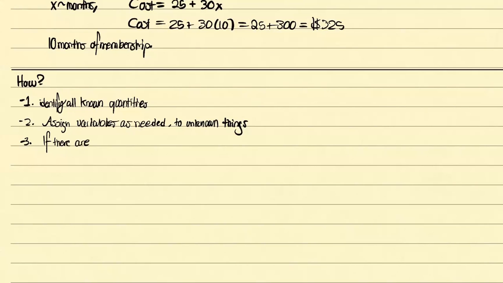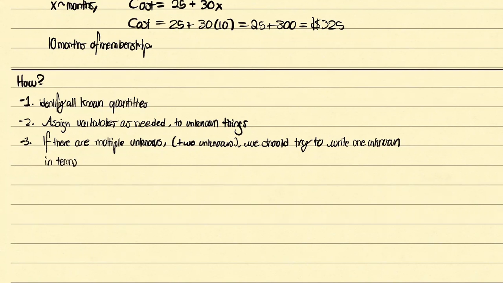If there are multiple unknowns, for example, we probably won't be dealing with more than two, we should try to write one unknown in terms of the other. And you'll see what I mean by that in a bit.